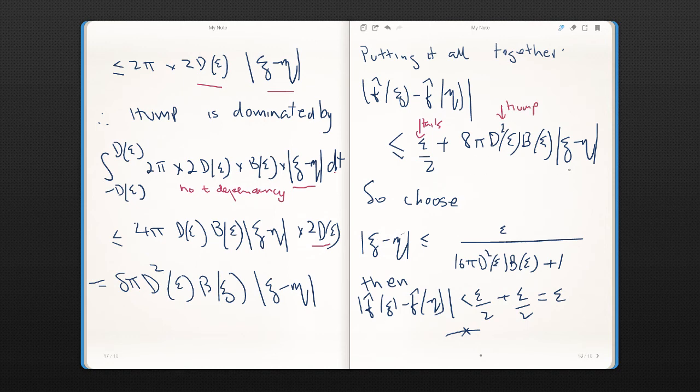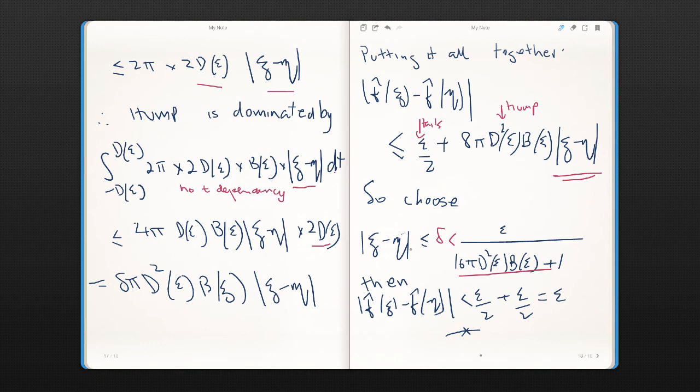So we've got something that's looking pretty good because we've got this quantity here. And so all we have to do is choose xi minus eta in absolute value less than or equal to delta, which is less than epsilon over this quantity here.